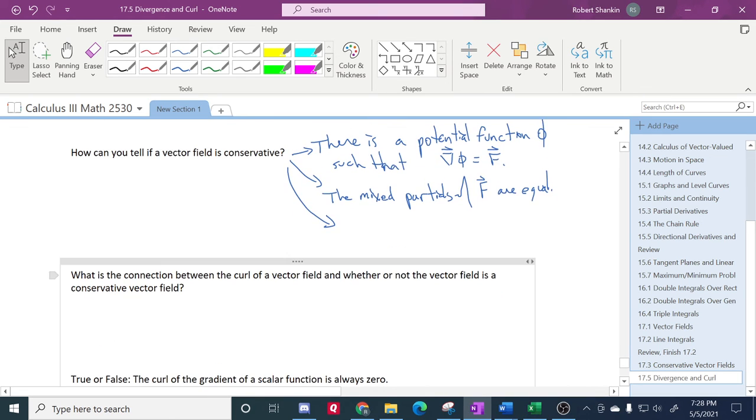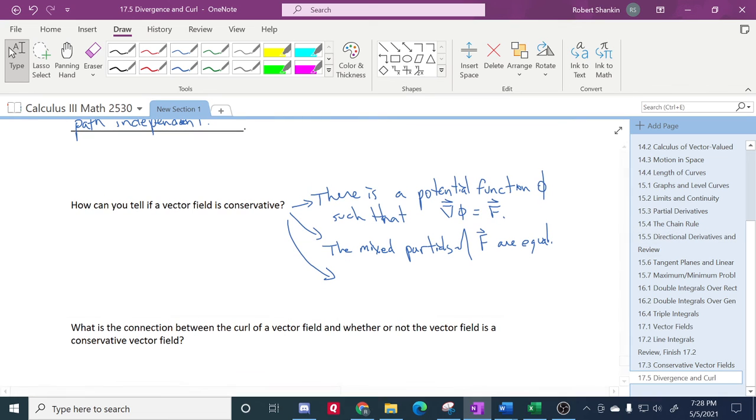Okay. What's the connection between the curl of a vector field and whether or not the vector field is a conservative vector field?